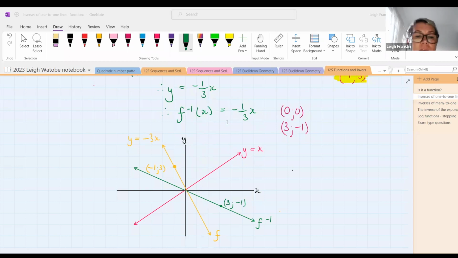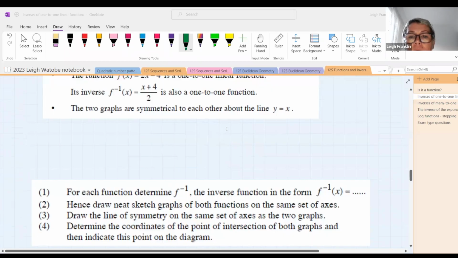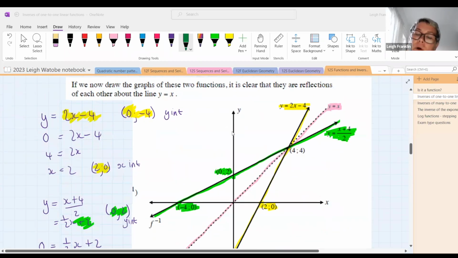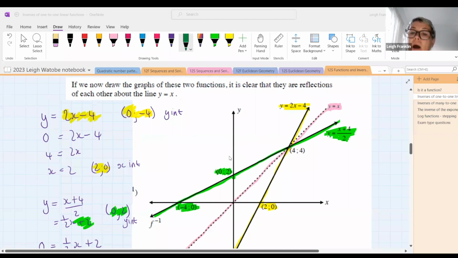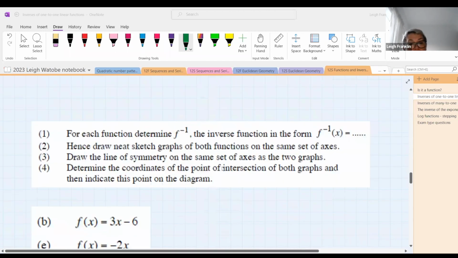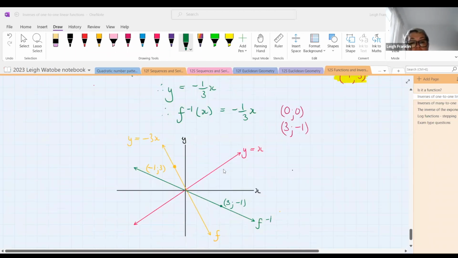If you have a look up here, it's in between, because those lines have a positive gradient, but the ones that we just sketched now have a negative gradient, so it's not going to be in between. So here we were working with positive gradients, that's why it looks as though it's in between them. Whereas here, we were working with negative gradients.